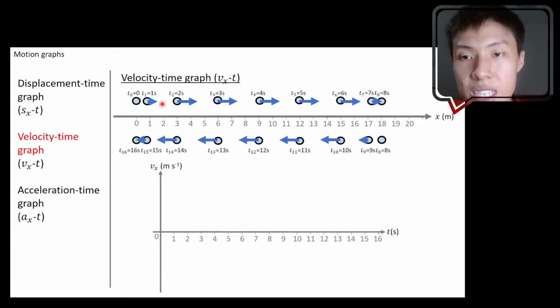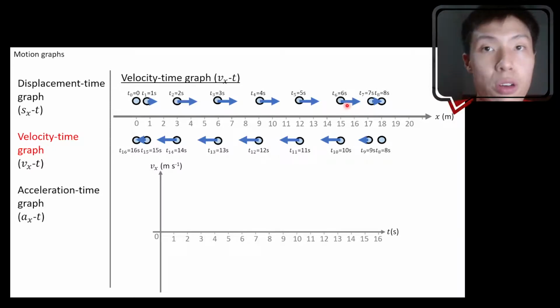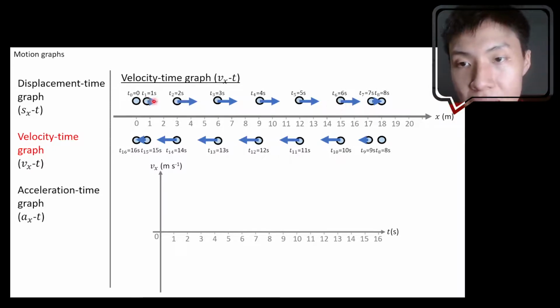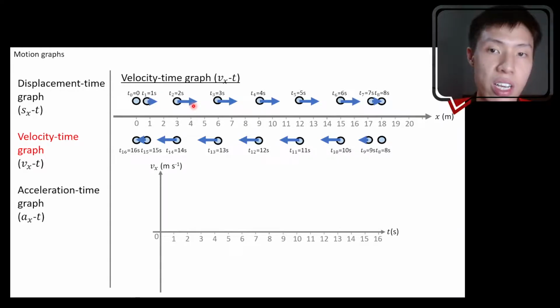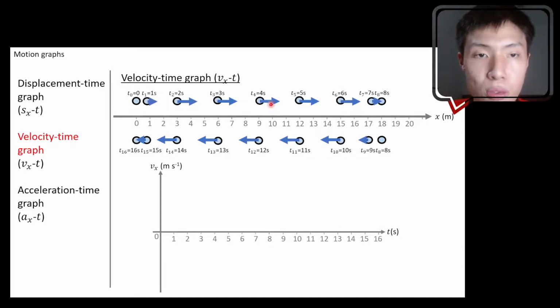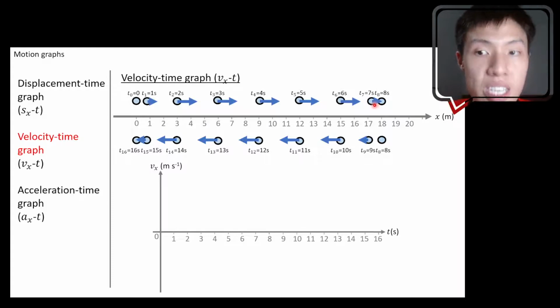If you see my diagram over here, I've labeled each dot with a vector arrow. This vector arrow is representing the velocity vector, where the direction of the arrow represents the direction of velocity. As you can see, if the object is moving to the right, then my direction of velocity will be pointing to the right, because for instantaneous velocity, the direction of the velocity vector is equivalent to the direction of motion.